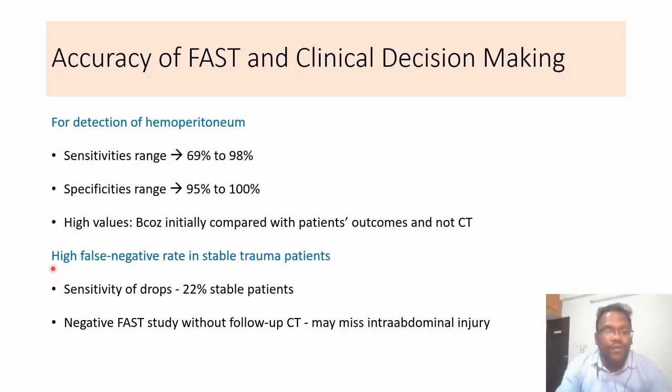So in later studies, when we compared the FAST assessment outcome with the CT scan outcome, we had high false negative cases in clinically stable trauma patients. The sensitivity dropped to 22% in clinically stable patients. So a negative FAST study without follow-up CT scan may miss many intra-abdominal injuries.